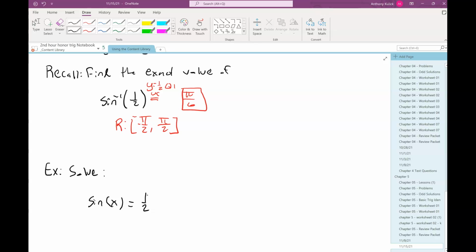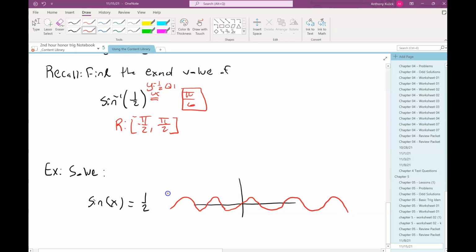Infinitely many. So if you think about this from a graphical perspective, the graph of sine kind of looks like this over and over and over again, right? 1/2 is like here. You're going to get infinitely many solutions on that, right? Is everybody okay with that? Just thinking about it from a graphical perspective?